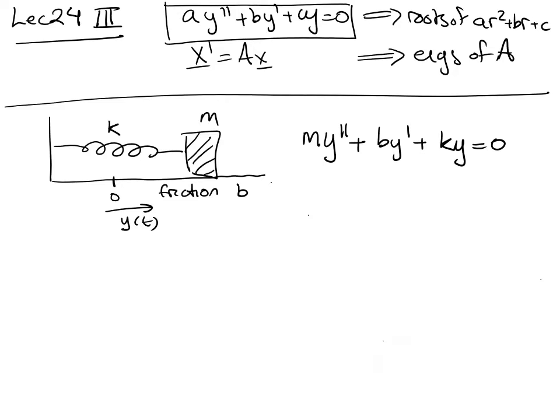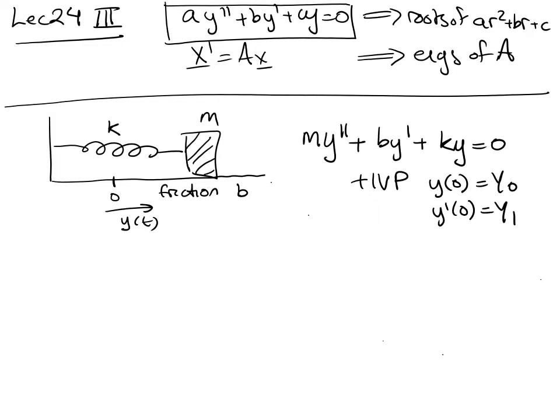And we saw how to solve this system, even given the initial value problem, which is just an initial specification of position and velocity. The types of solutions that we got depended on the roots of this auxiliary equation.